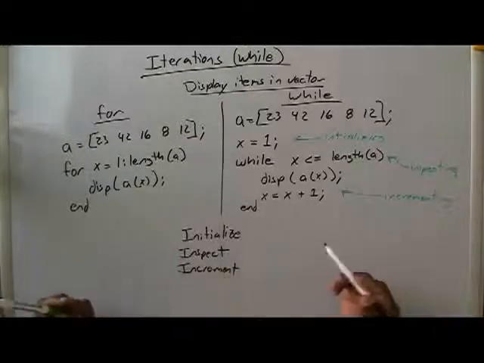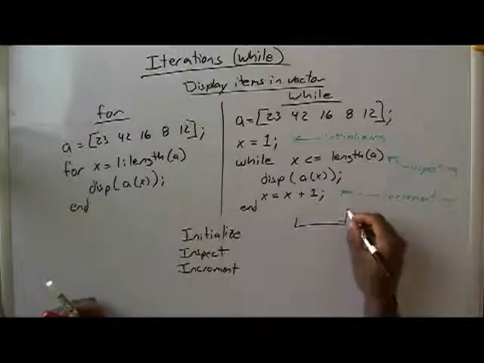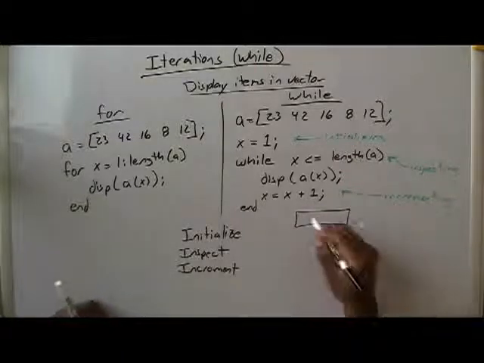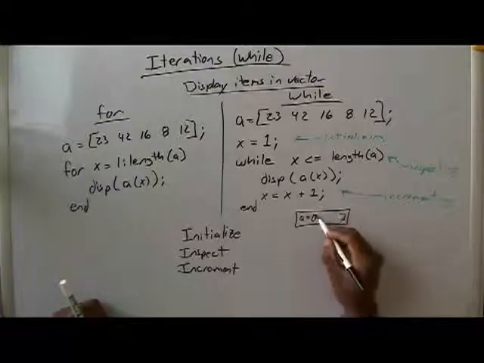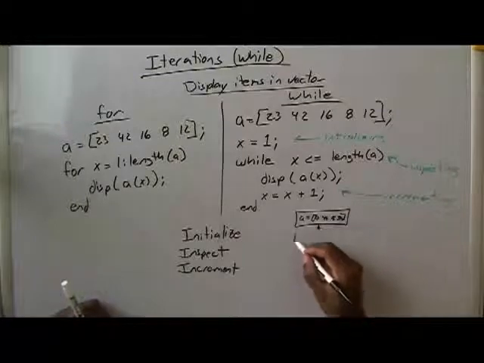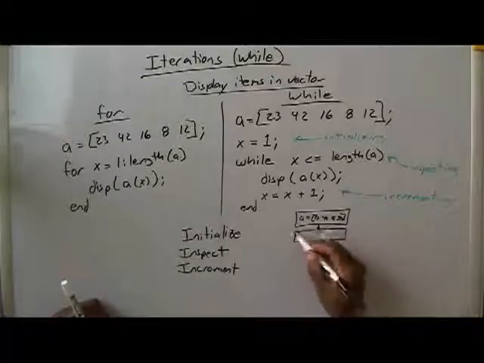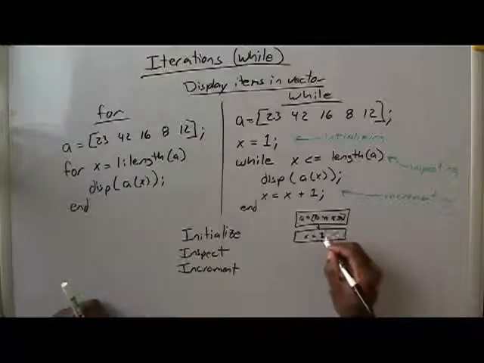Once again, let me go ahead and do sort of a diagram, sort of bring this one home. If I did this in a diagram, this is our defining A: 23, 42, 16, 8, and 12. The next block, if you recall what I did before, is the initializing block, which is x equals 1.